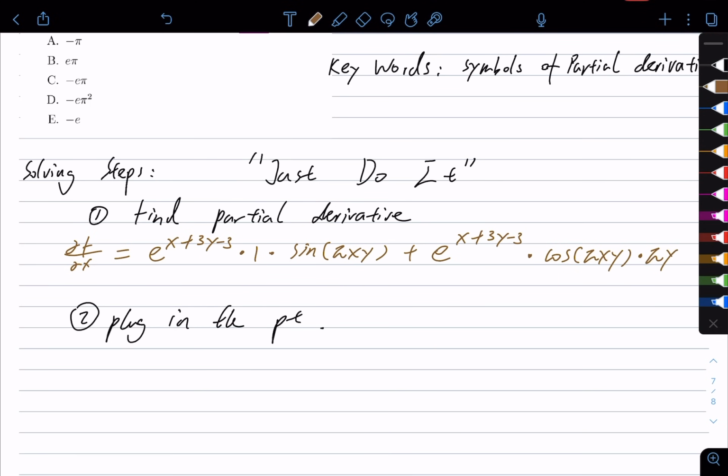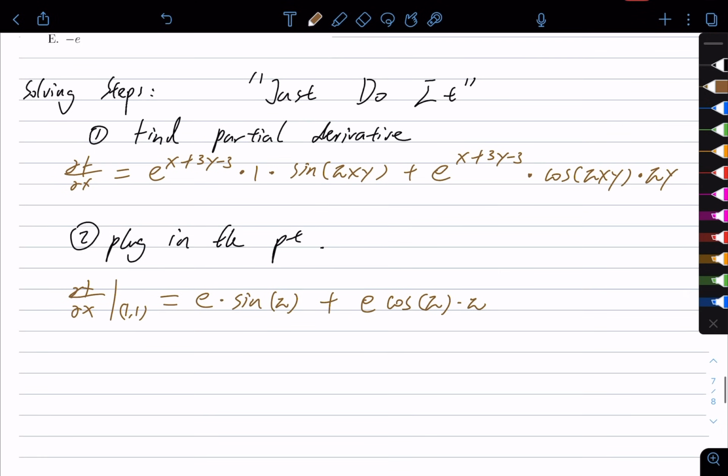In this case, partial f, partial x evaluated at (1, 1) equals e times e times sine of pi times 1, which we're going to ignore, plus e cosine pi times pi.